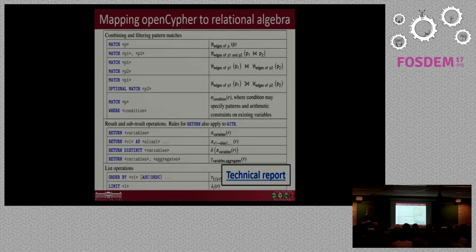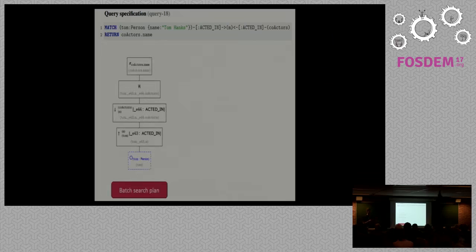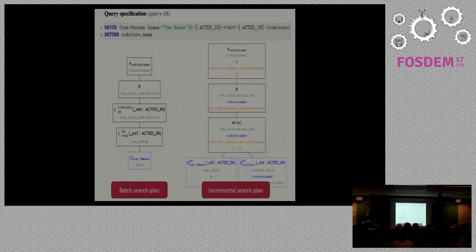So basically, what you see in the technical report is the latest version as compiled by our parser and our query engine. We gathered a lot of queries from Neo4j use cases, for example, tutorials, our use cases, blogs, GitHub, and we translated these queries to standard batch search plans defined by relational algebra, and then we translated these search plans to incremental search plans, also defined in relational algebra.